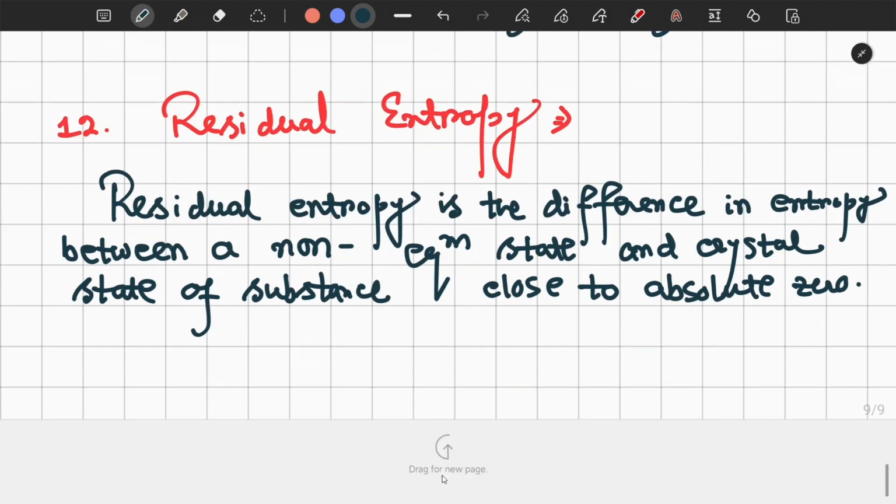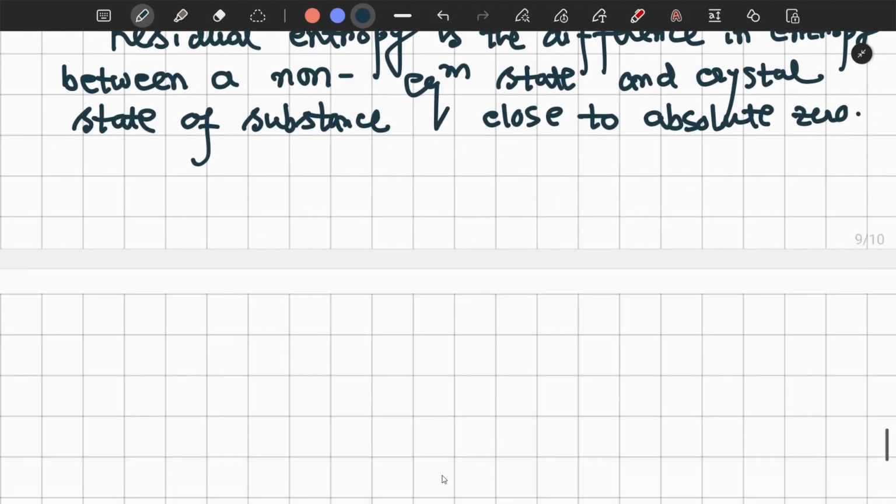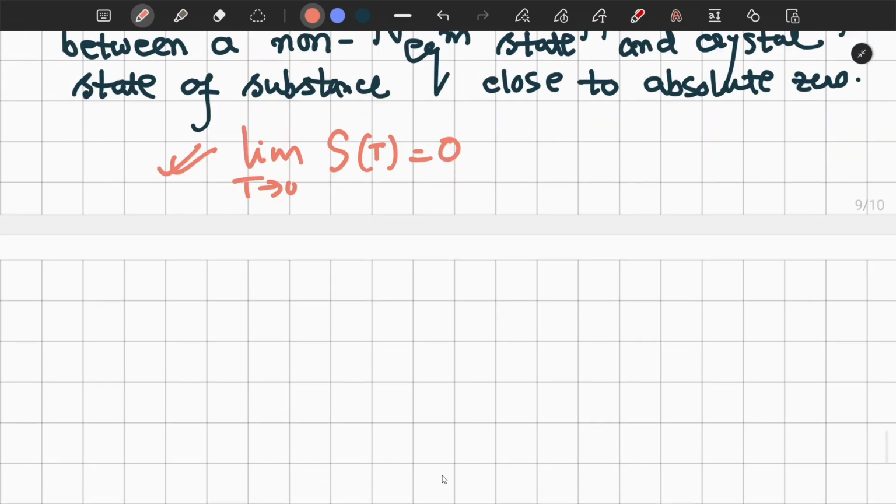Basically, the limit as T tends to zero of S(T) is zero, but that is for a pure, perfectly crystalline solid. If it is not a perfectly crystalline solid, then due to their orientation, there will be some entropy. That is called the residual entropy.